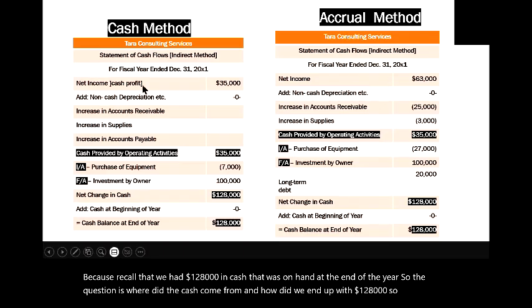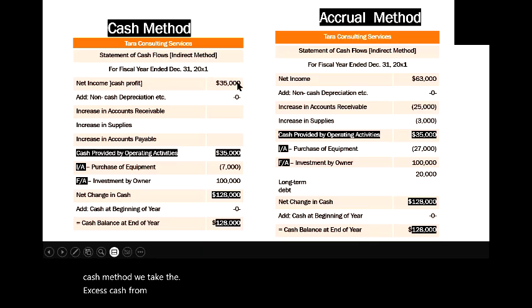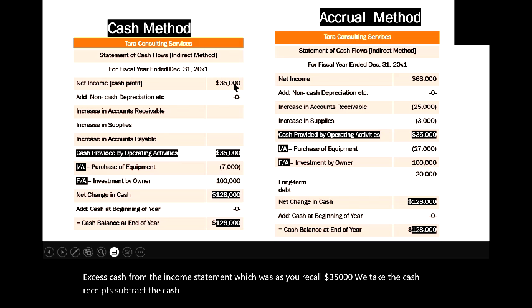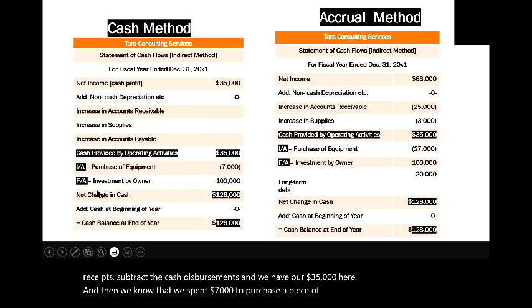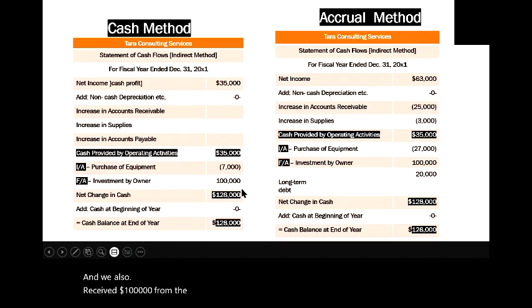$128,000? So under the cash method, we take the excess cash from the income statement, which was, as you recall, $35,000. We take the cash receipts, subtract the cash disbursements, and we have our $35,000 here. And then we know that we spent $7,000 to purchase a piece of equipment, and we also received $100,000 from the owner of the business.